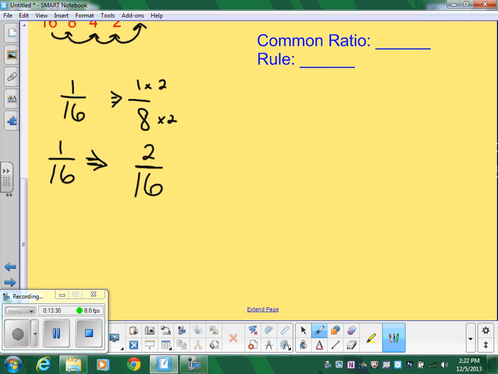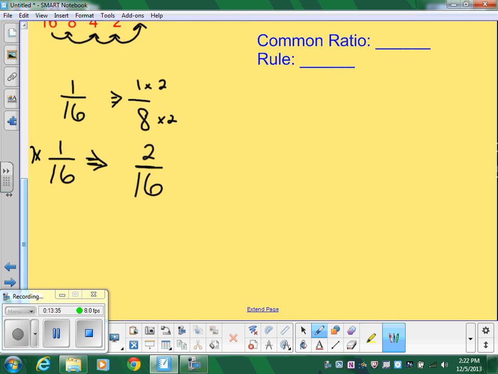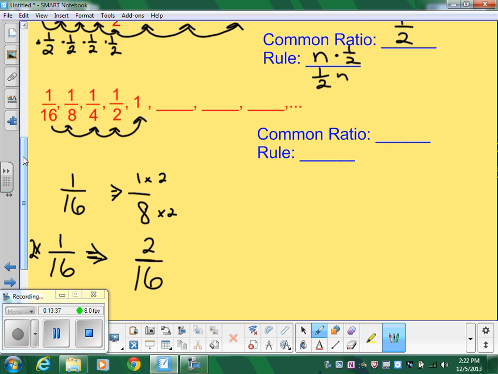In this case, we are multiplying by 2, which means our common ratio in this particular case is 2. So if we continue the pattern and extend our sequence, we'll have 2, 4, and then 8. If we multiply our variable to represent the previous term, which was n, by our common ratio, we have a rule of 2n.